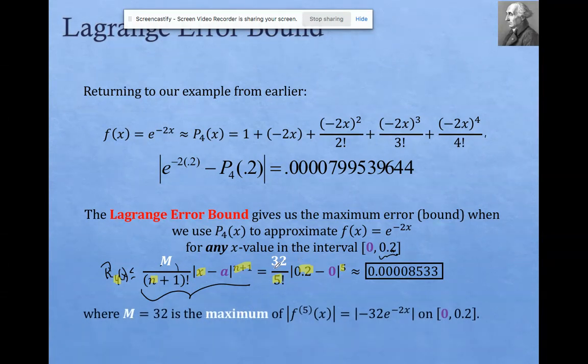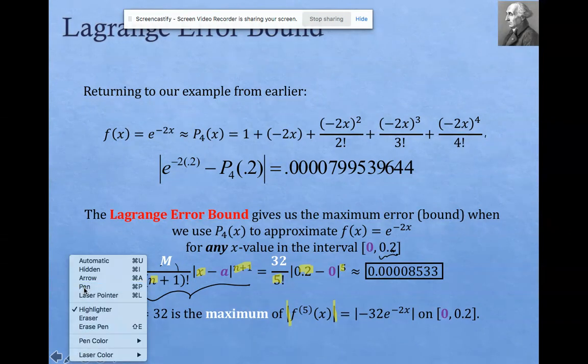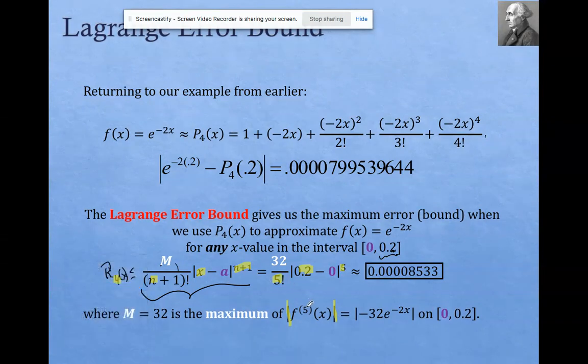So the only thing is, where did that M, that 32, come from? The white M, this 32, is the maximum of the next derivative. This is what makes Lagrange kind of annoying. I had to take my function, e to the negative 2x, and I had to find the first derivative, the second derivative, the third derivative, the fourth derivative, and the fifth derivative.